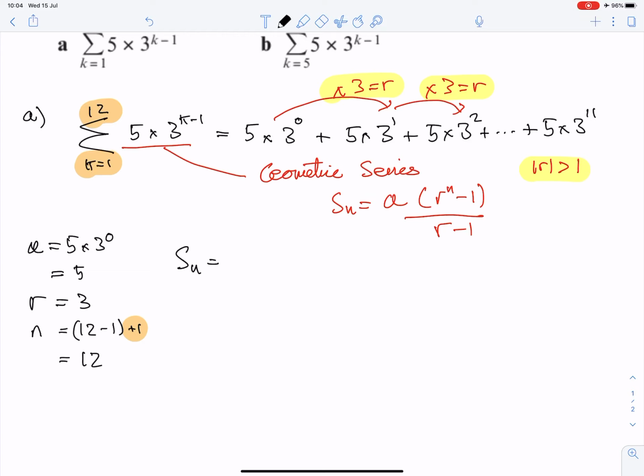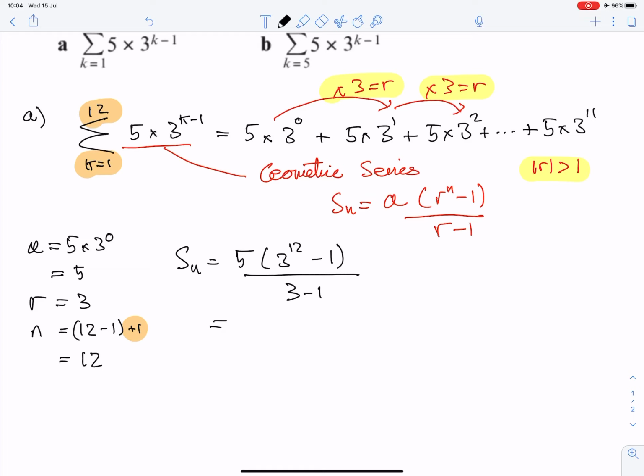So 5 times 3 to the 0 is a. So we've got 5 times r, which is 3 to the 12, take away 1, over 3 minus 1. Tap that in a calculator. It's going to be fairly big. Not sure, a million-ish.